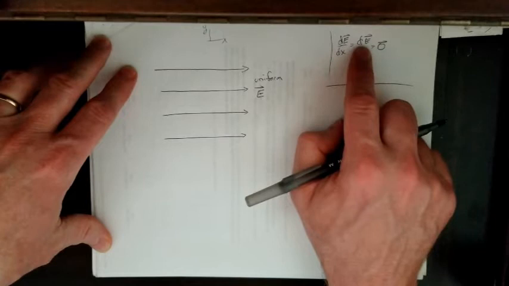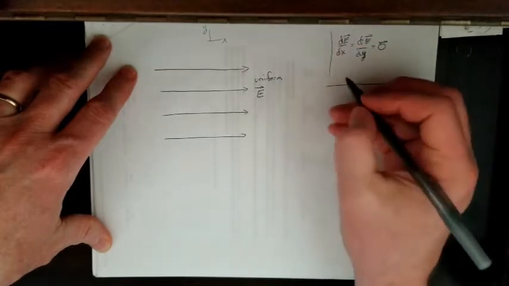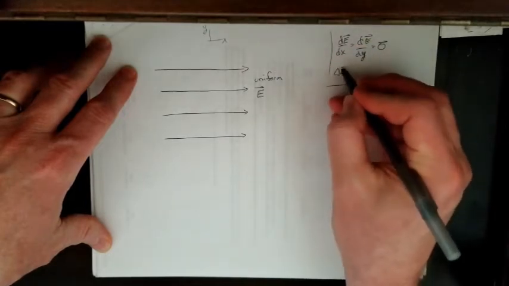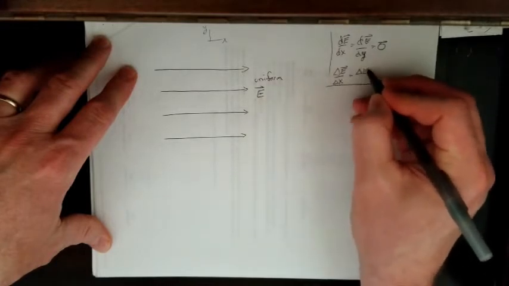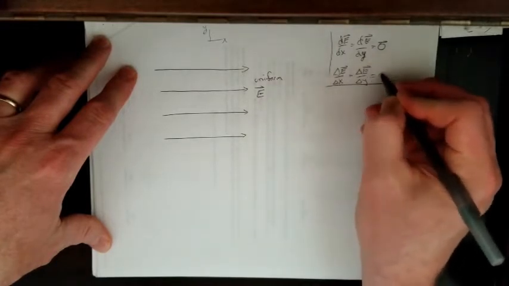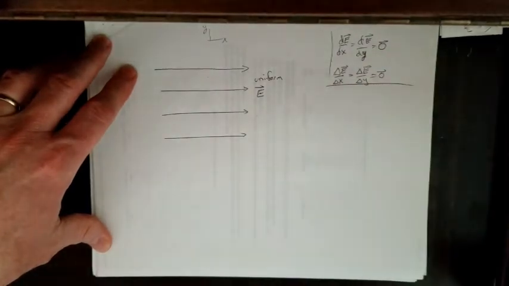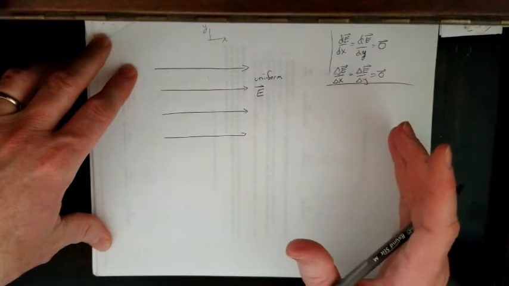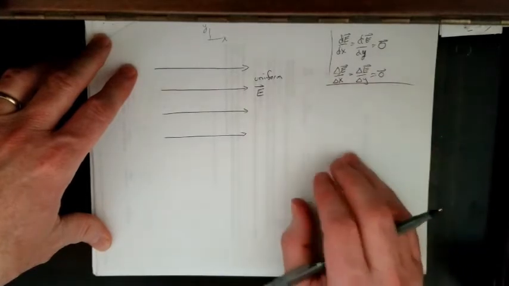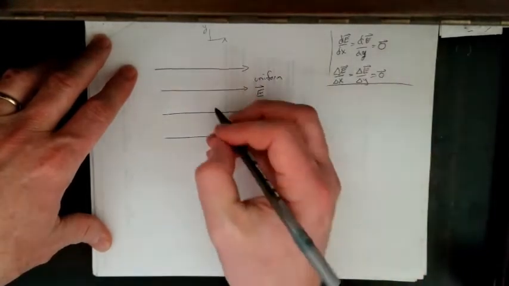The electric field does not change with respect to y. That's just a fancy way, without the calculus version, that the change in E over the change in x is equal to the change in E over the change in y, which is equal to 0. Notice I'm not throwing out the idea that it might or might not change with time, but we really don't care about that. We're just taking a look at a snapshot here.